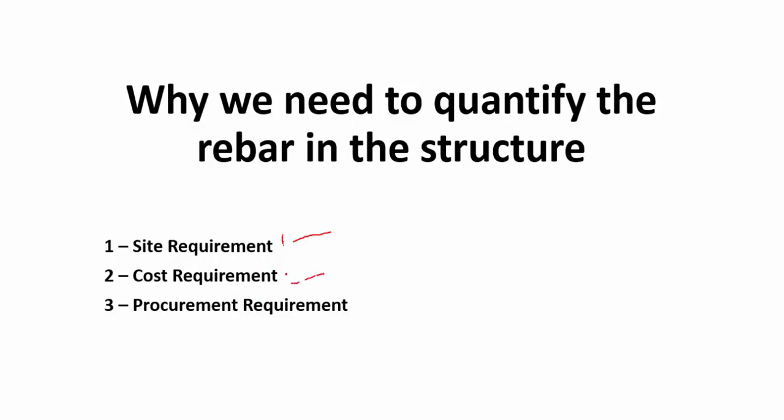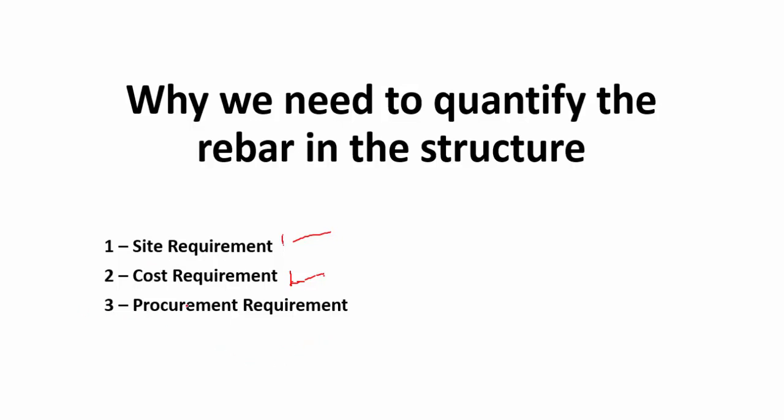Cost is the most important factor because if you are working on a project, you are expecting money from the client. So to get the money in a right way, in an appropriate way, in a logical way, you need to present all the necessary things and get all the necessary information so that you can prove your cost requirements.